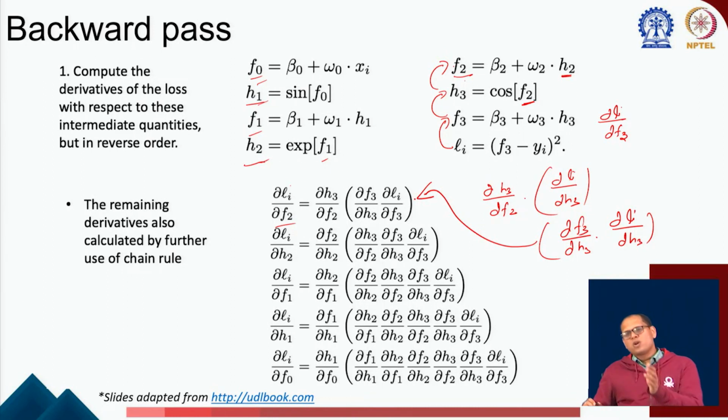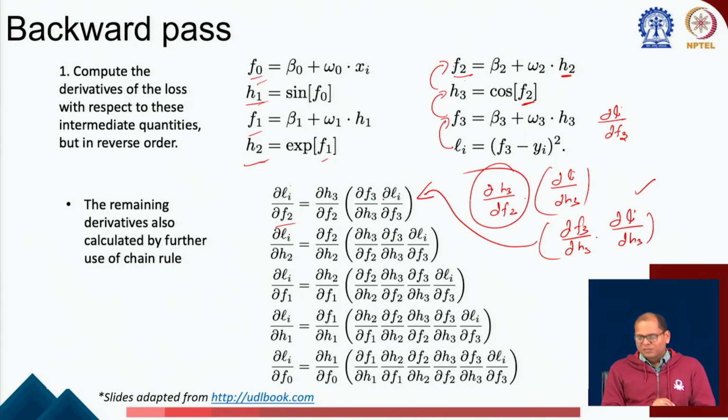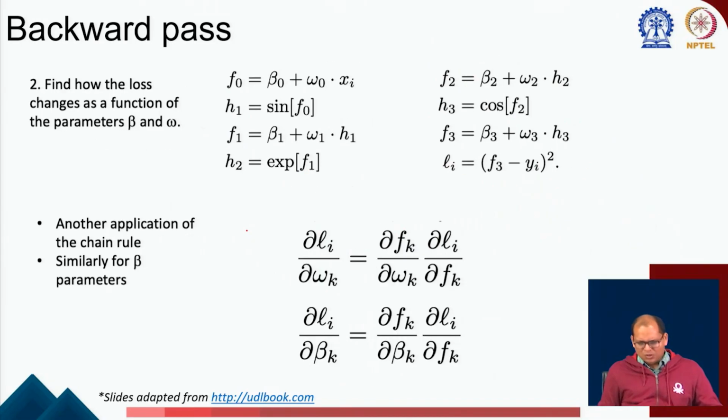So, I just add one quantity at a time. I have already computed this previously. Now, I will add this quantity and multiply, right. So, it becomes very modular. Now, I have computed all three. So, I will just add one more quantity to multiply and I get the derivative for everything. Okay. So, we will get it for all the intermediate quantities, right.